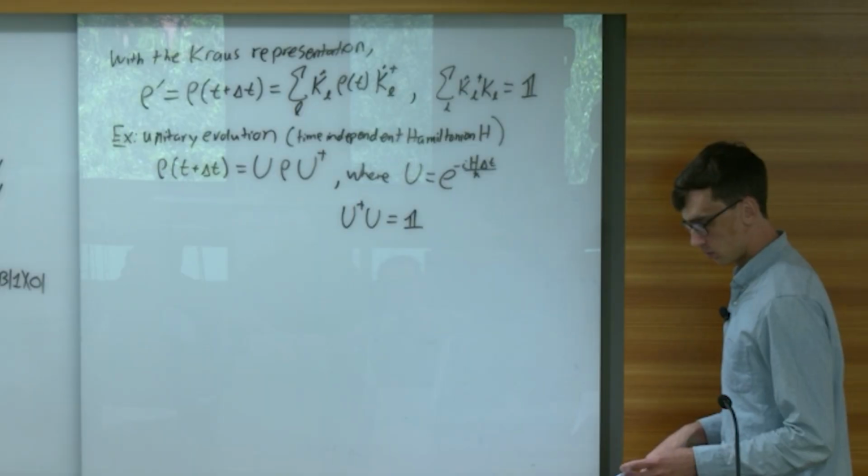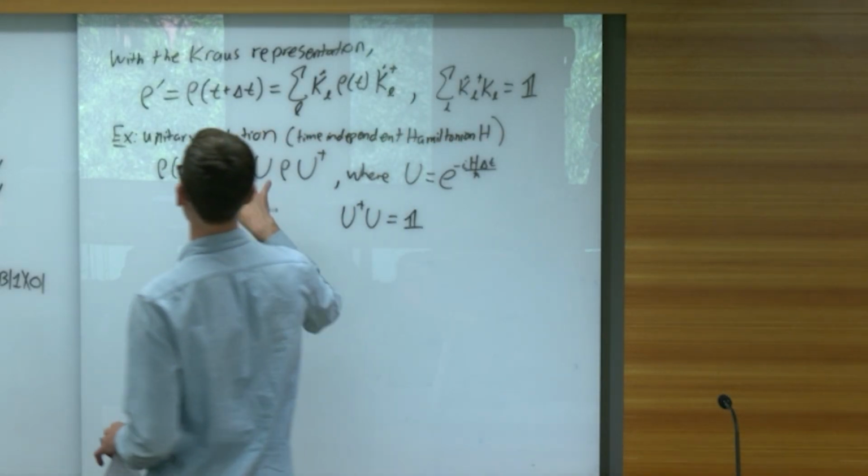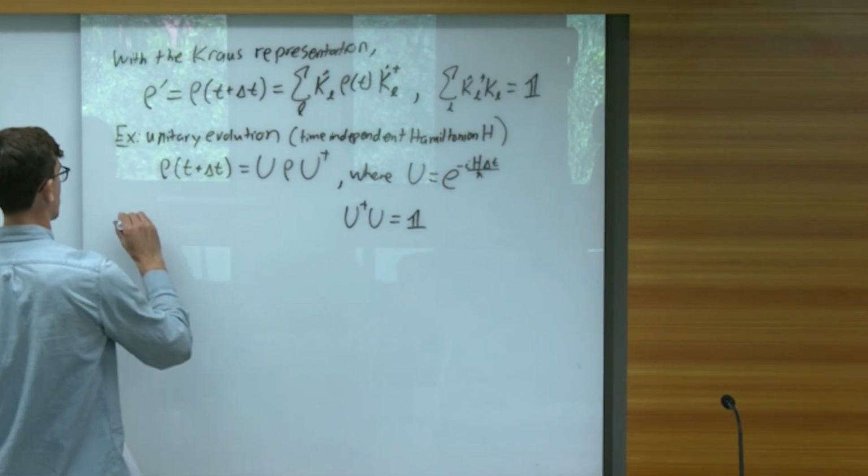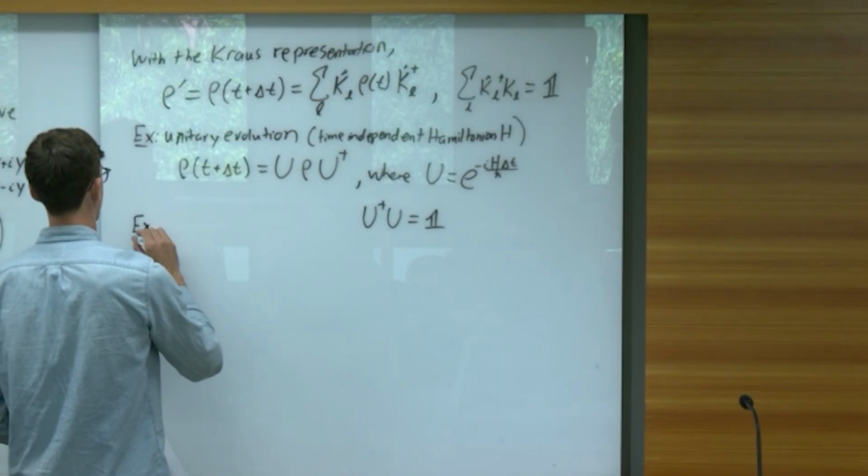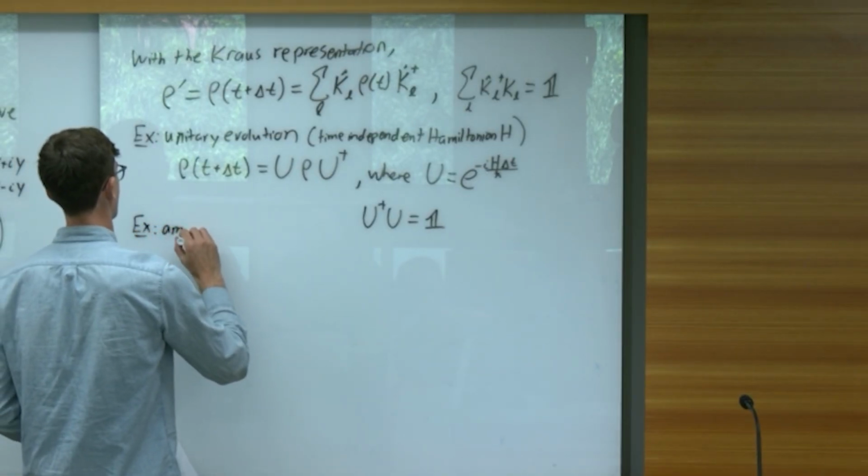Great. Cool. So let's take an example where we actually have more than one Kraus operator, and we'll consider the example of amplitude damping.